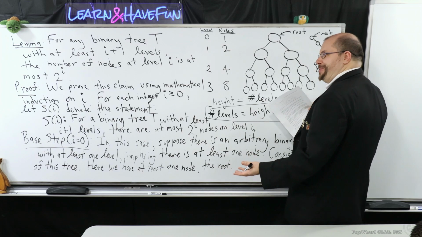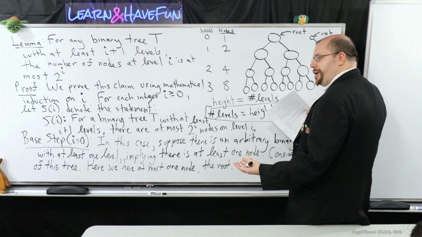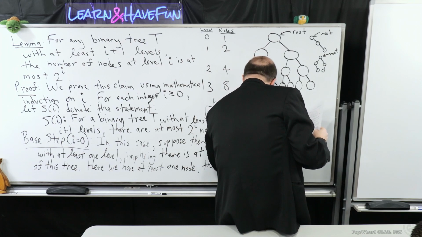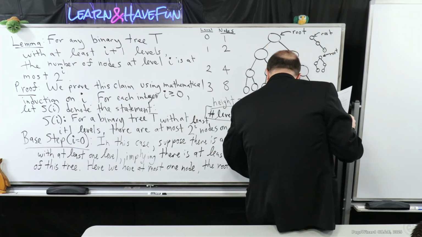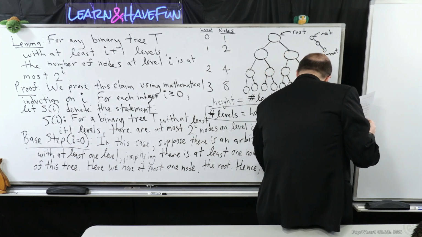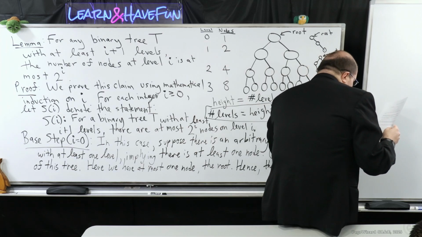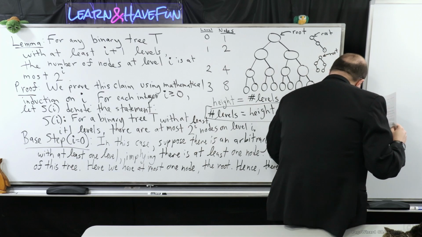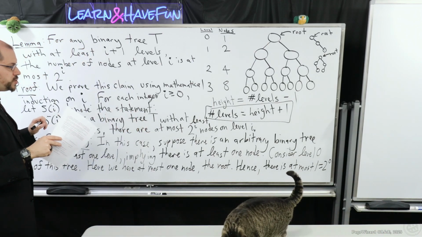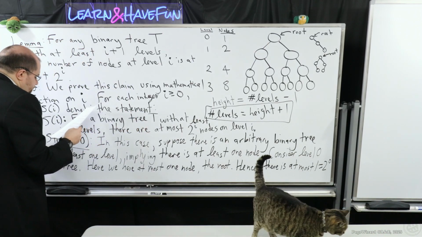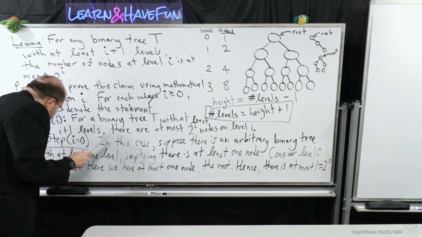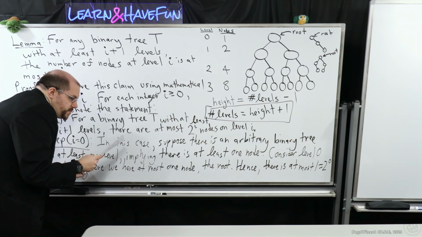This is just one node, but what's 2 to the power of 0? It's just 1. Hence, there is at most 1, which is equal to 2 to the power of 0. Remember, we're trying to establish the fact that there is at most 2 to the power of 0 nodes on level 0.